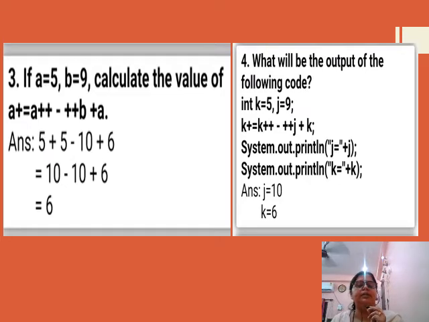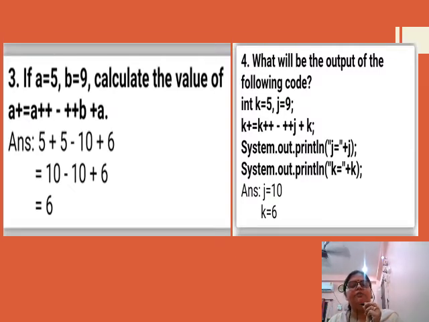Now the third question. If A is 5 and B is 9, then calculate the value of A++ - --B + A. In this we will see that A is 5, so 5 will be written.